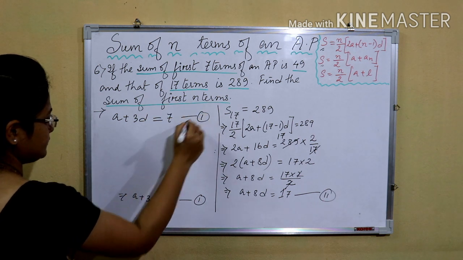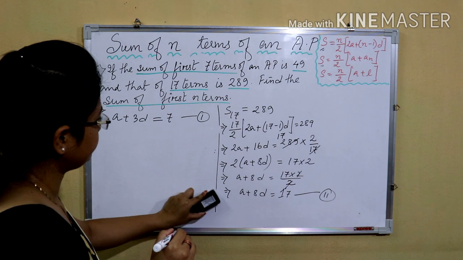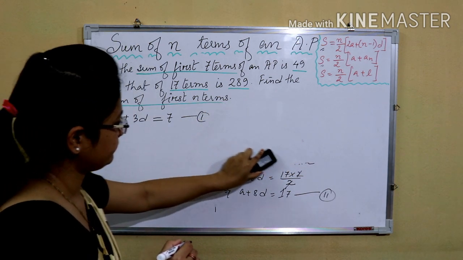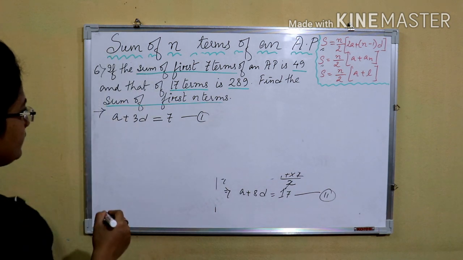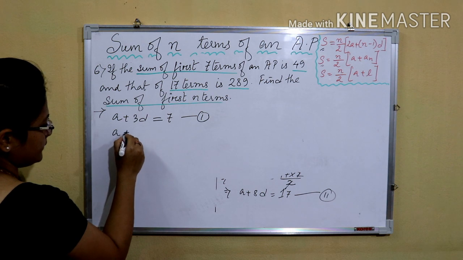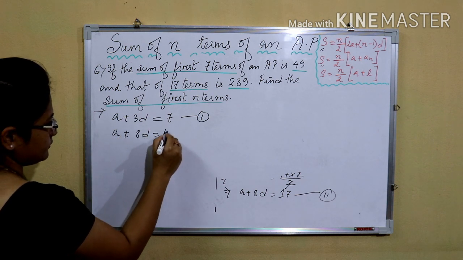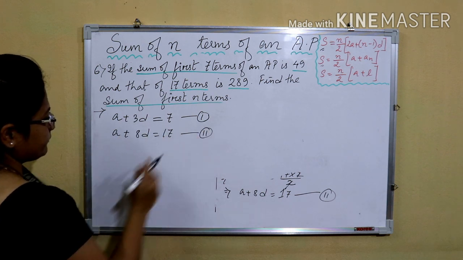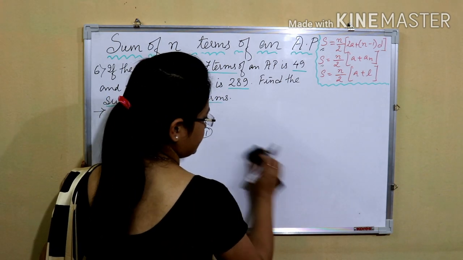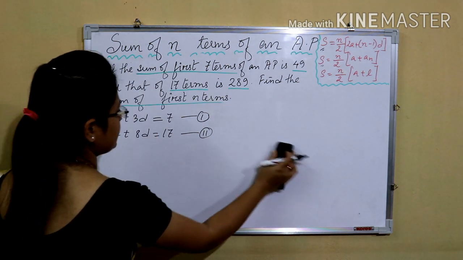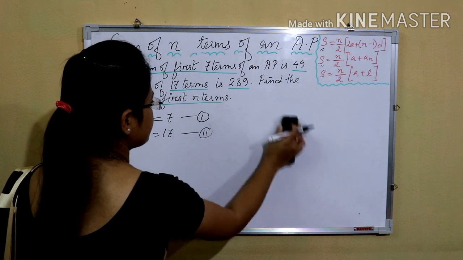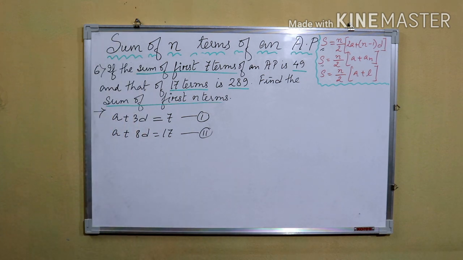This is the first equation. And the second equation I got is a plus 8d equal to 17. So we will be solving these two equations to get the value of a and d. If we get the value of a and d, we can find out the sum of first n terms by using the first formula.